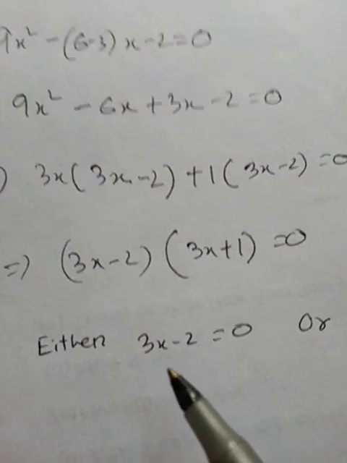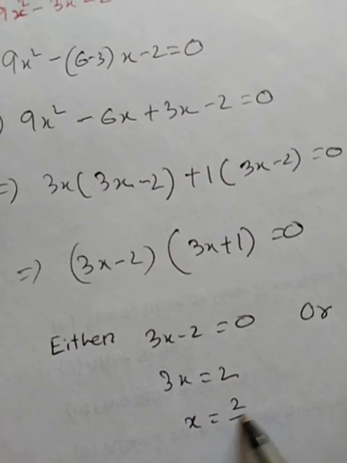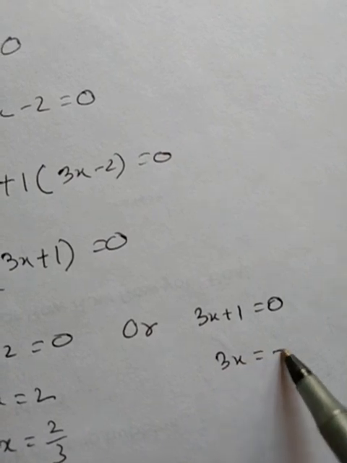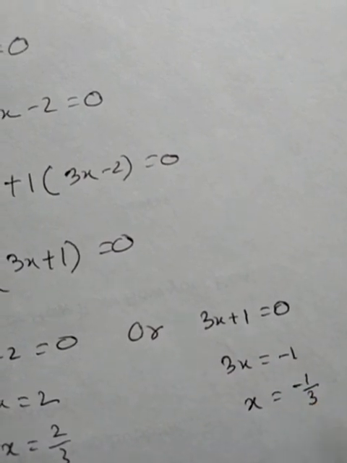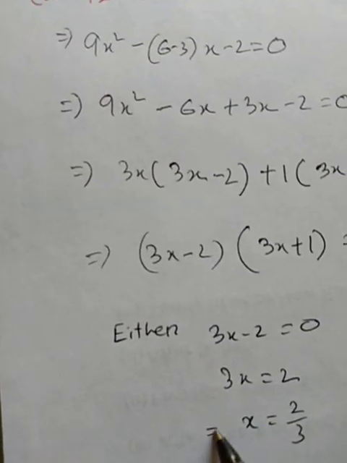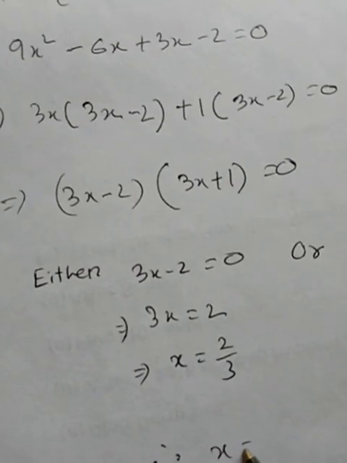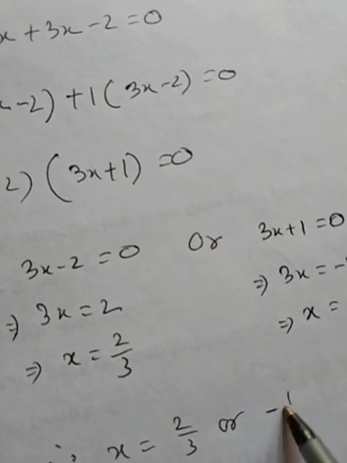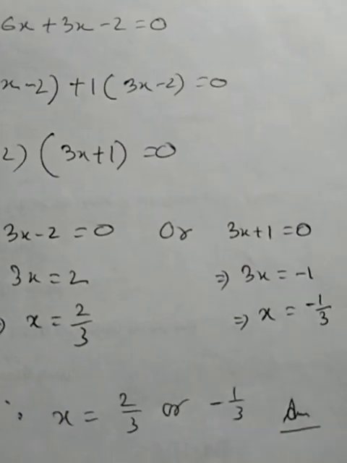Then from here 3x equals to 2 and x equals to 2 by 3, and from the second part 3x equals to minus 1 and x equals to minus 1 by 3. So we have two values of x, therefore x equals to 2 by 3 or minus 1 by 3. So these are the answers.